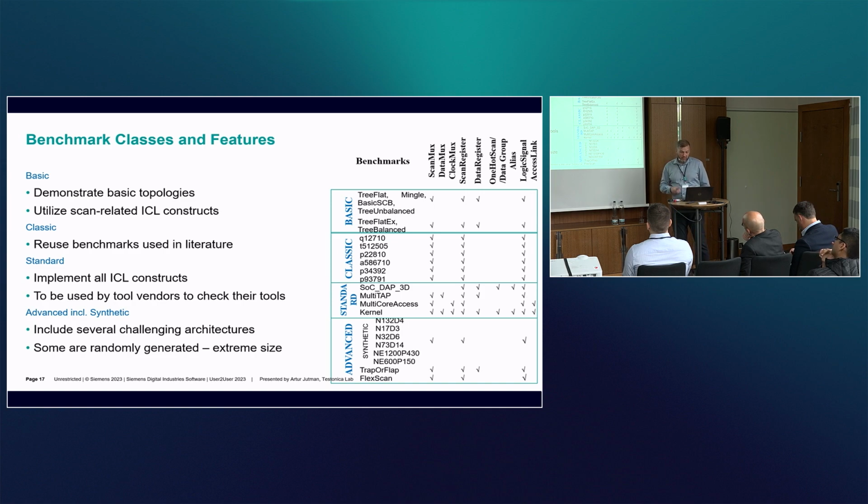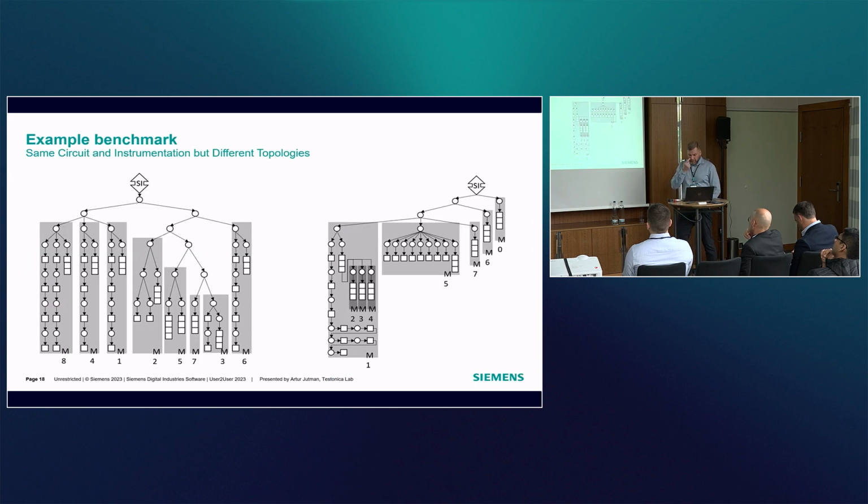So if you want to validate your software against the standard, there is a way to do this using these benchmarks. There's a simple example of different topologies: the same circuit with exactly the same collection of instruments, being connected in different topologies, providing also a different access time to particular instruments.